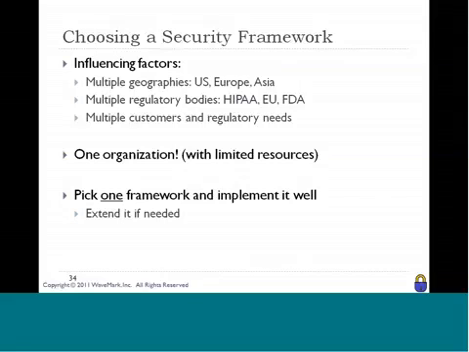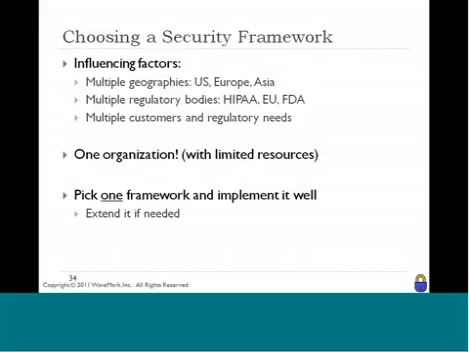On the other hand, there's one organization, which is the organization that's implementing the system, and the assumption is with limited resources. So one thing that works for us, and it could work for others, is picking one framework, picking the most comprehensive security framework, and implementing it well, and then extending it when needed for other regulatory needs.